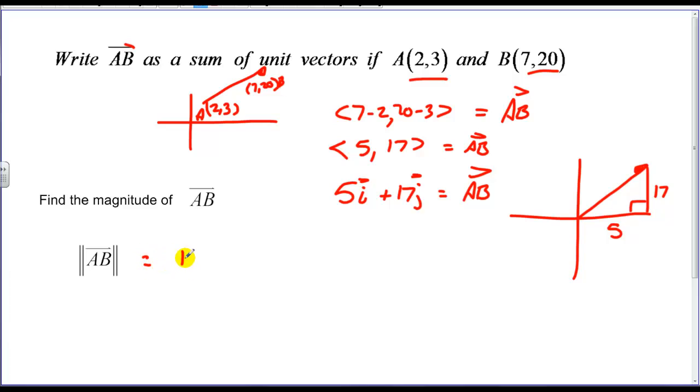So what I have is 17 squared plus 5 squared, square root that, and that'll give me the magnitude. And that's equivalent to the square root of 314. We could simplify that. We could also give it as just a square root approximation. And that's going to be 17.7.